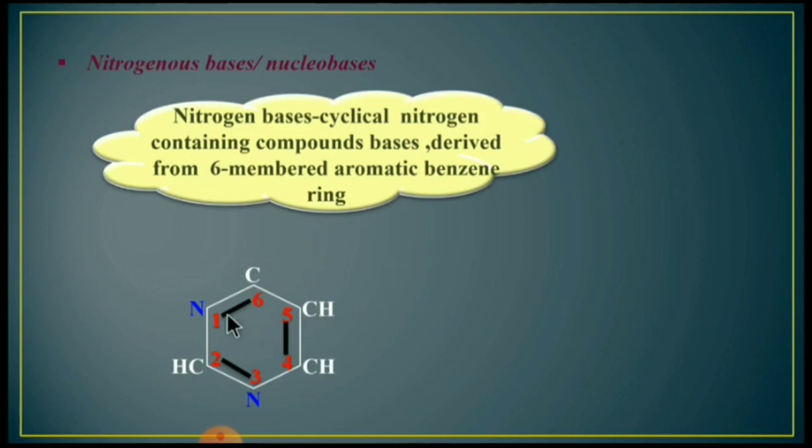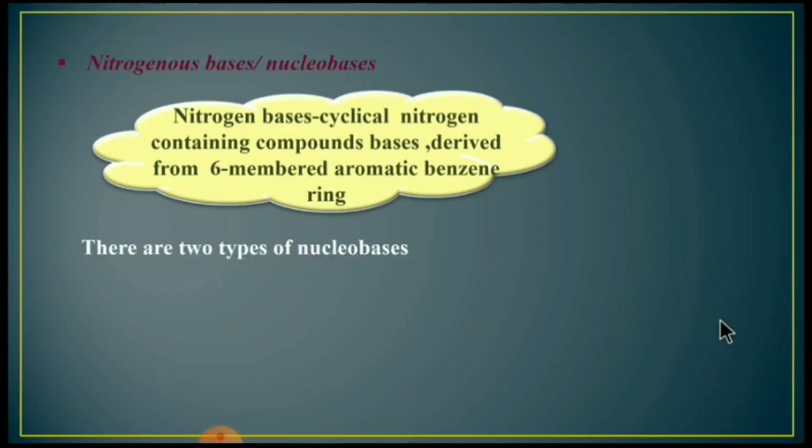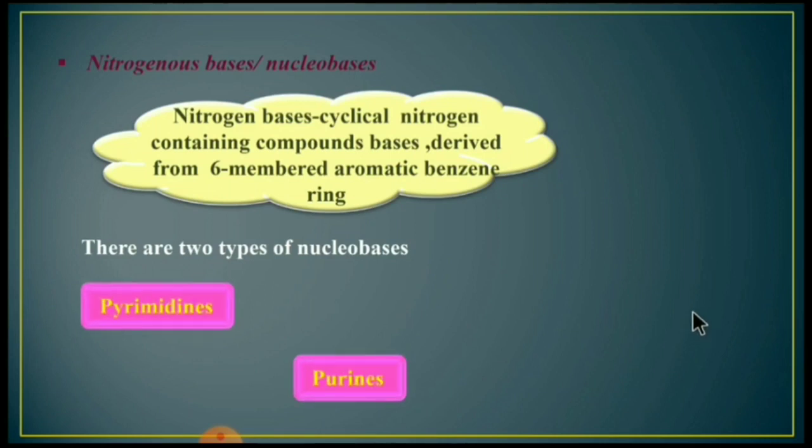Normally in benzene ring you find CH, but in some positions, instead of a carbon atom you find nitrogen. There are 2 types of nitrogen bases or nucleobases: the first one is purines and the second one is pyrimidines.